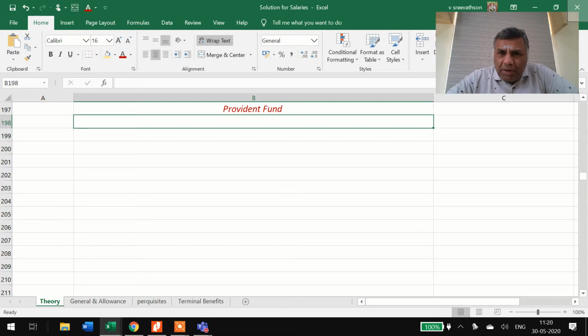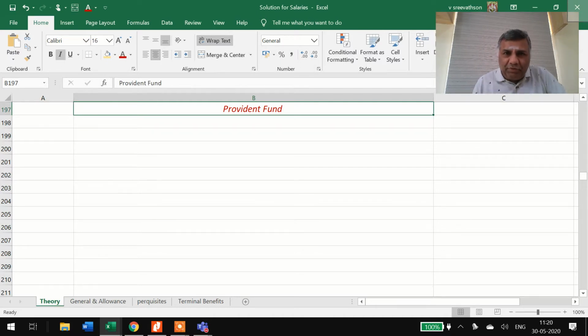You are eligible for a salary of 20,000, but I am only paying you 18,000. 2,000 I am deducting and depositing it in the Provident Fund account in your name. It belongs to you. It's a compulsory saving.